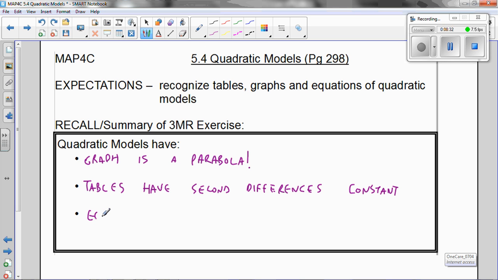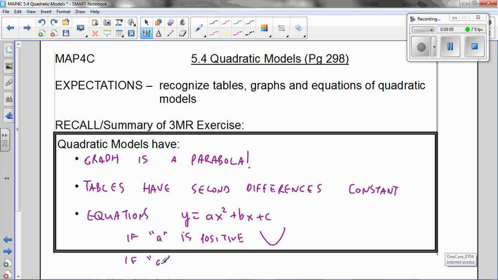The equations have a squared in them. Now the general form looks like this. And we did a bunch of work in grade 10 and grade 11 sort of talking about these values of a and b, but essentially if the a value, the value in front of the x squared, is positive, then you're going to get a parabola that opens up.